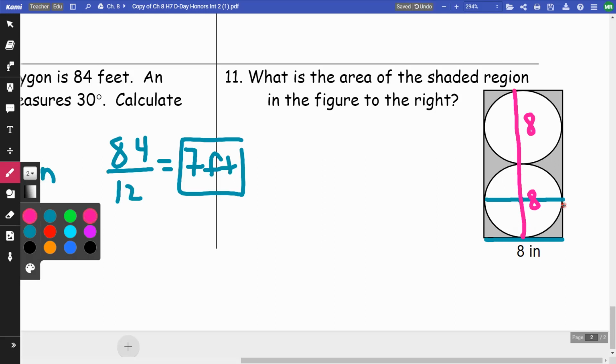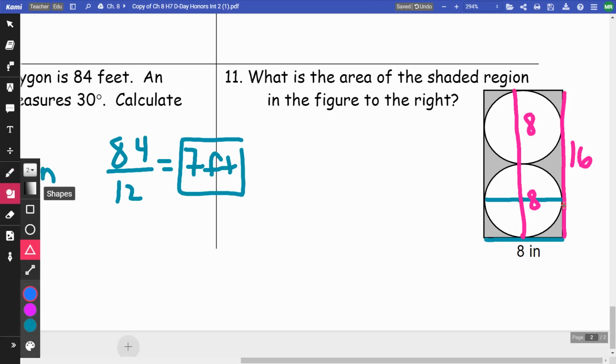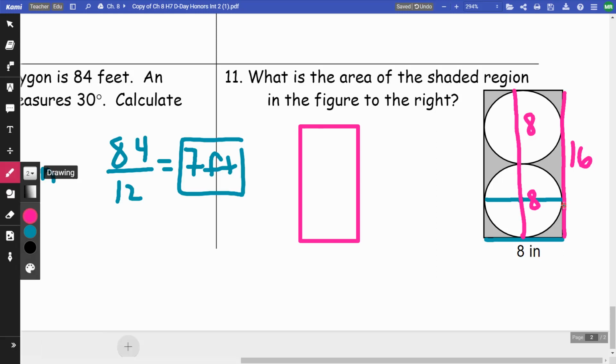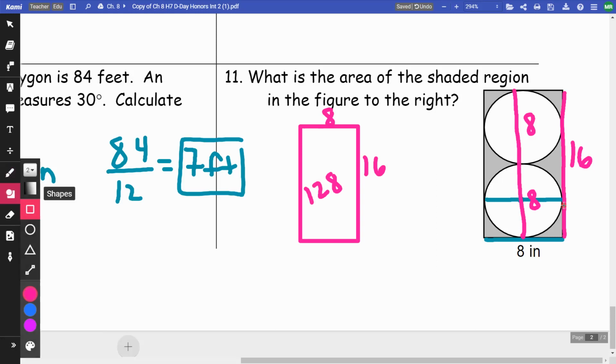So what that means is this whole entire side here is going to be 16. So I know for my rectangle, I would have 16 by 8, and 16 times 8 is 128, but I don't have all of that.